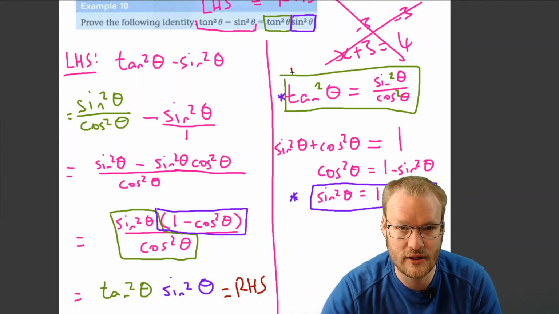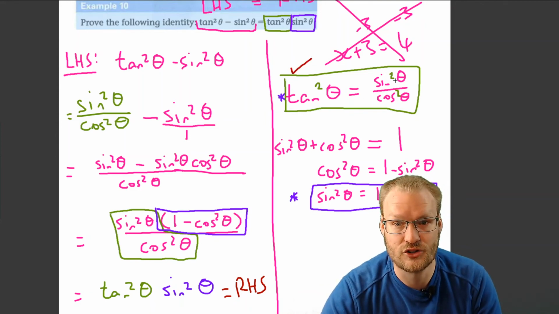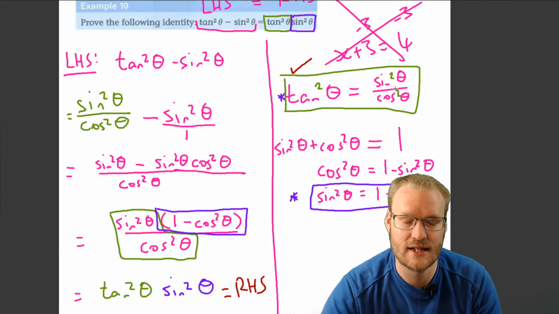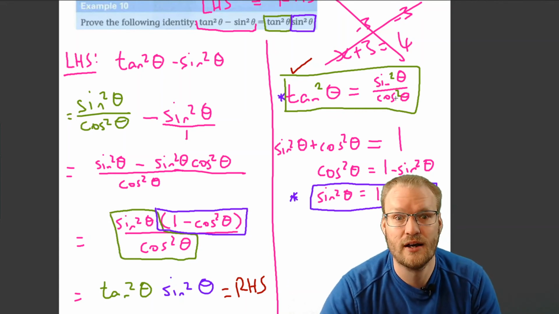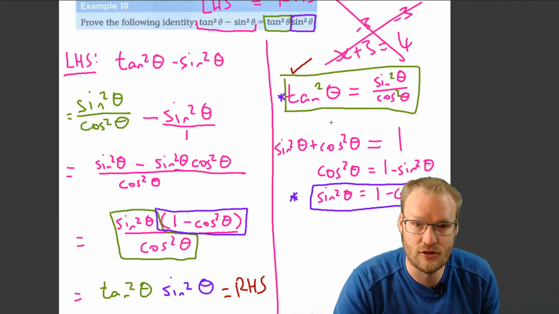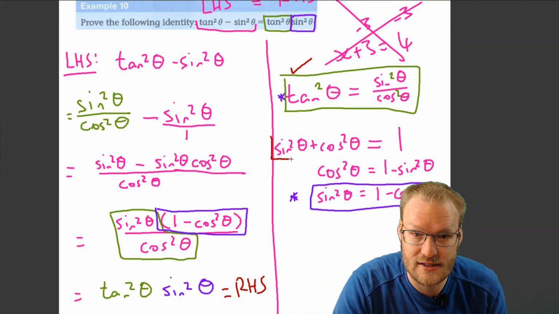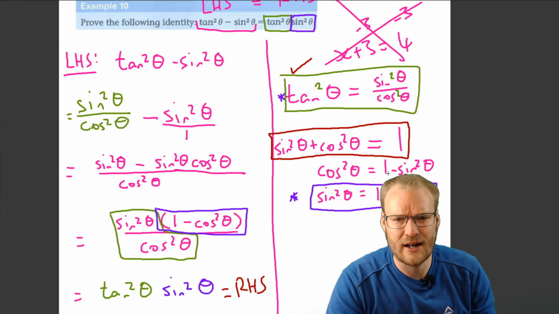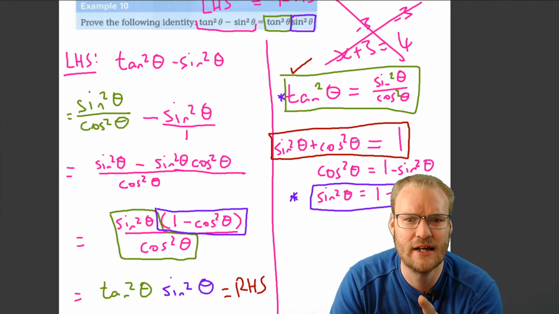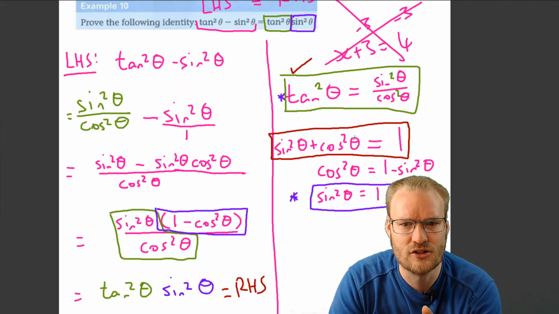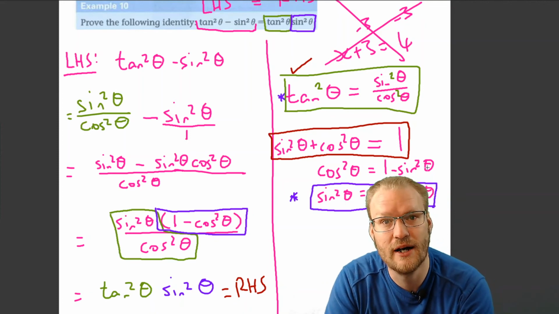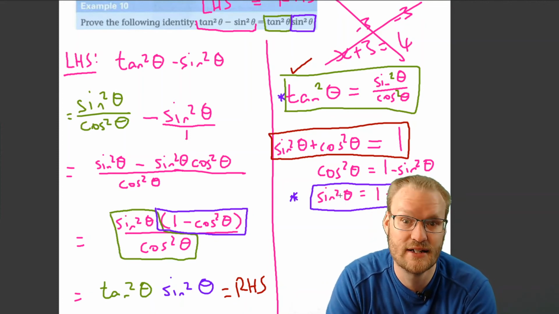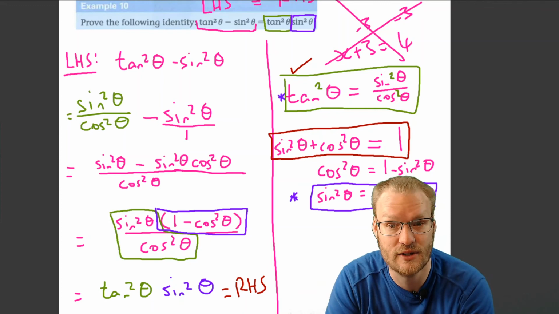You write down the first one, tan theta equals sine theta over cos theta. Our second fundamental trig identity is that sine squared theta plus cos squared theta equals 1. And while we're at it, we quickly manipulate this equation so that we've got cos squared theta equals 1 minus sine squared theta, and sine squared theta equals 1 minus cos squared theta.